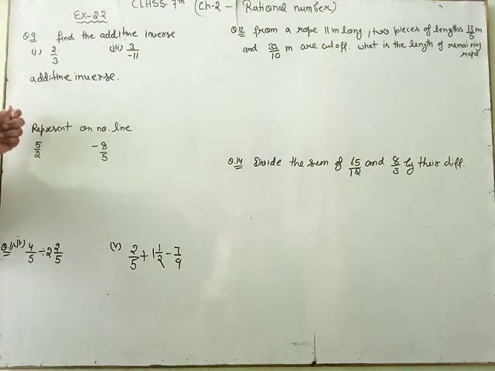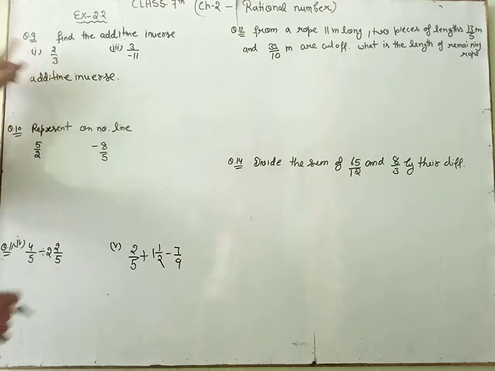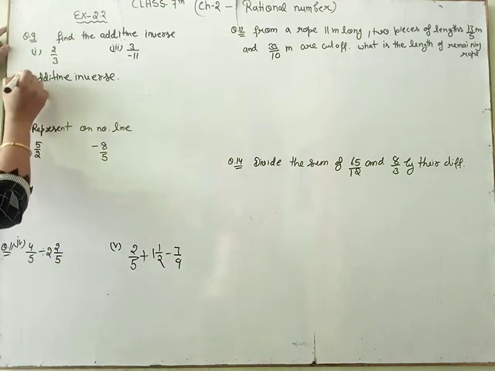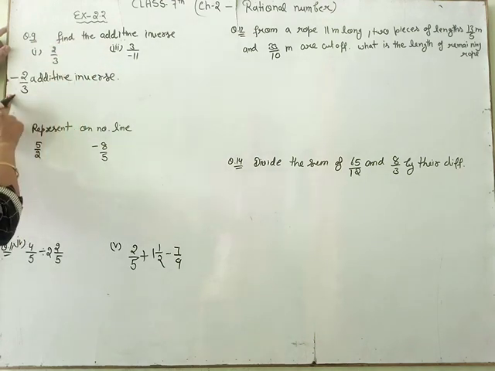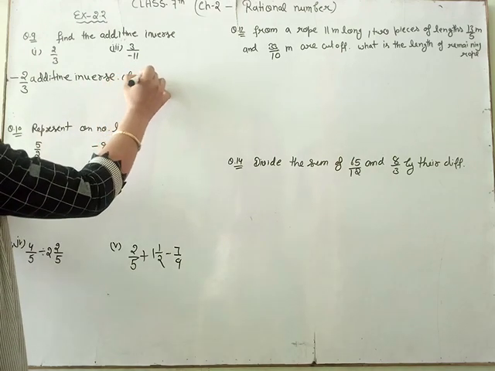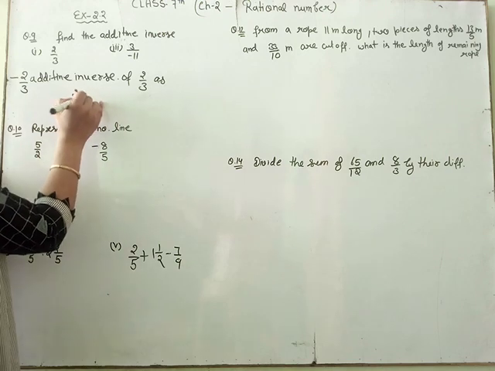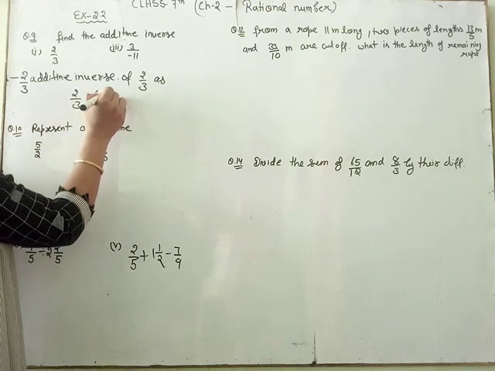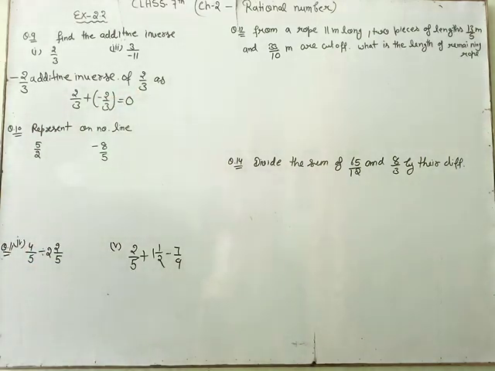What number do we add to this so that the sum equals 0? So minus 2 by 3. This is plus 2 by 3. Then the additive inverse of 2 by 3 is minus 2 by 3, because 2 by 3 plus minus 2 by 3 equals 0. Okay.